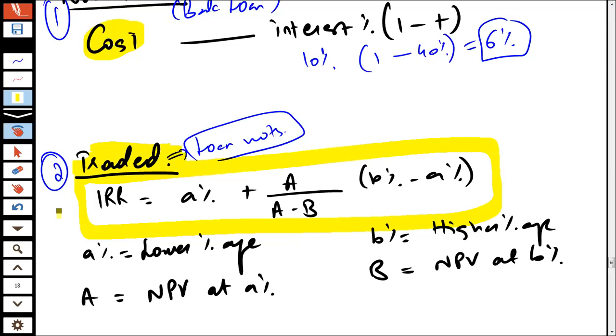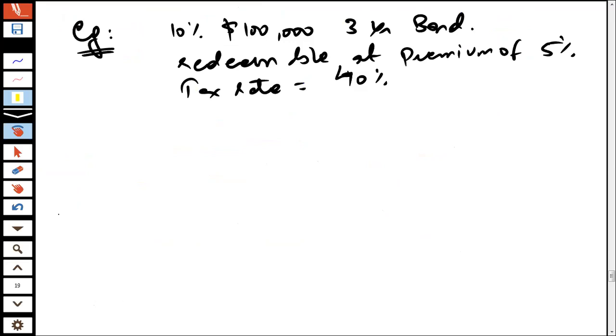Now, let's take an example. We've got a 10% $100,000 3-year bond, which is redeemable at a premium of 5%, and the tax rate is 40%. How exactly are you going to calculate the cost of this specific bond? Let me demonstrate.